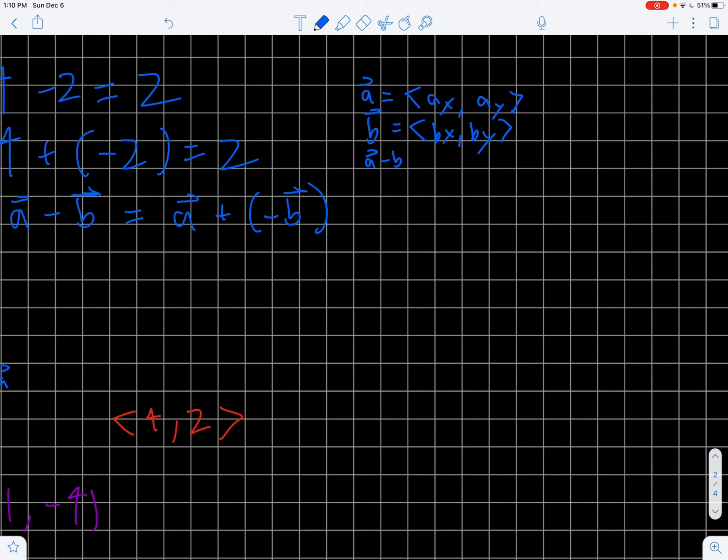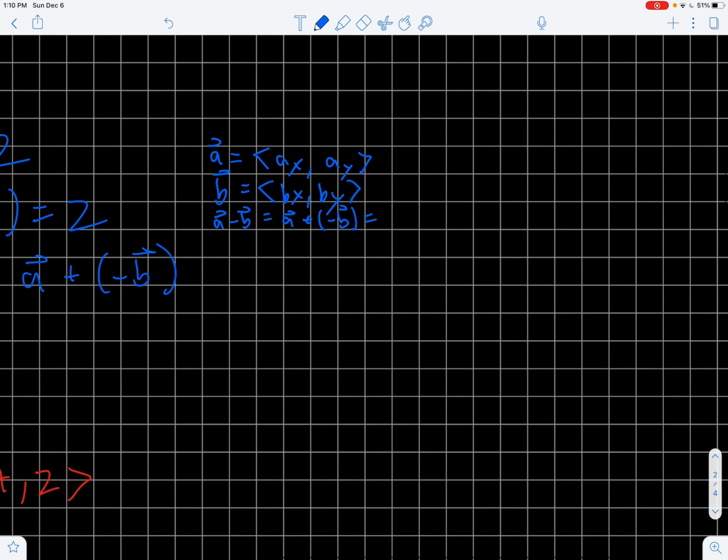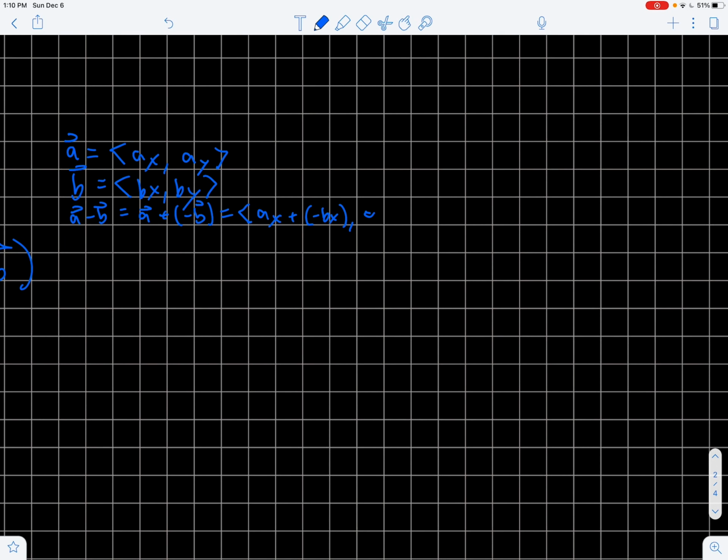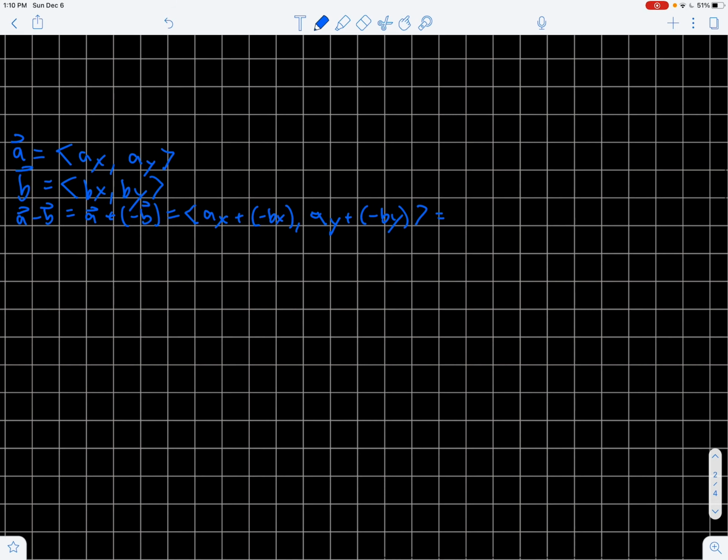And then A minus B, which is the same as A plus negative B, is going to equal AX plus negative BX, AY plus negative BY, which equals AX minus BX, AY minus BY.